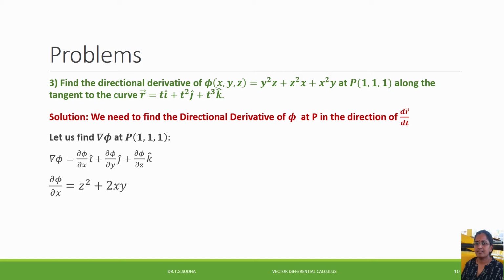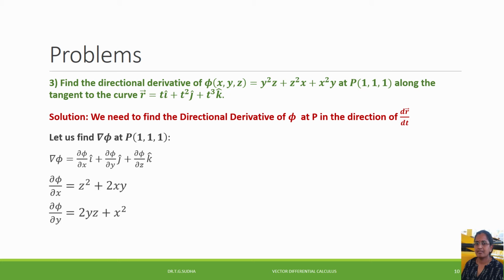Now dou phi by dou x, the partial derivative of phi with respect to x. In the first term we have only y and z, so it becomes 0. In the second term we have z square into x, so we get z square into 1, so we get z square. Next plus x square y, so x square on differentiation gives 2x into y, so plus 2x into y.